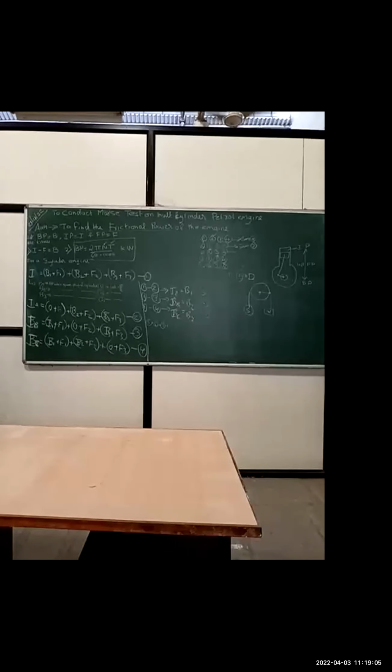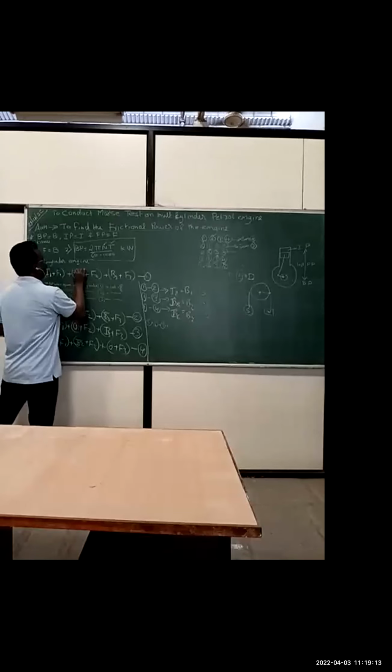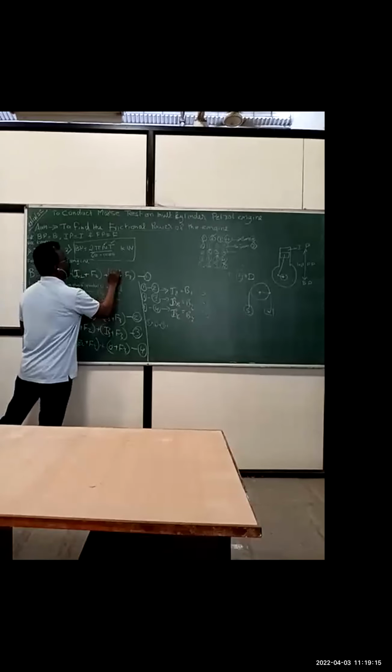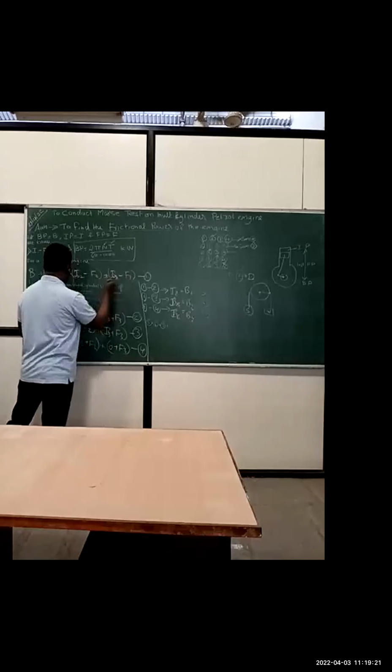Okay, that has happened. No, it was correct actually. Here it was B, here it was I: I1, I2, I3. And it was minus only I1 minus F1, I2 minus F2, I3 minus F3.